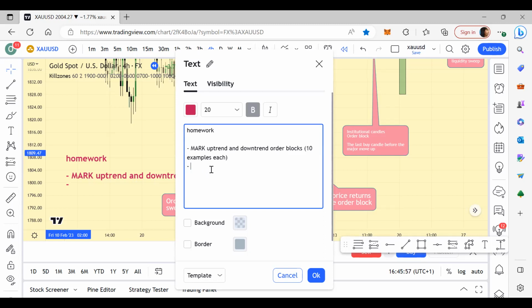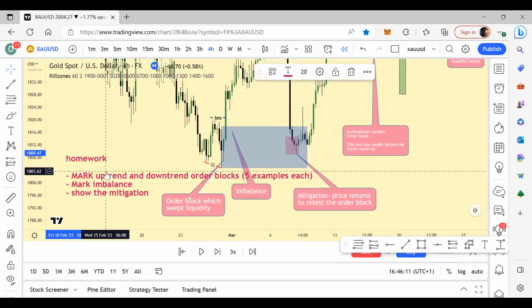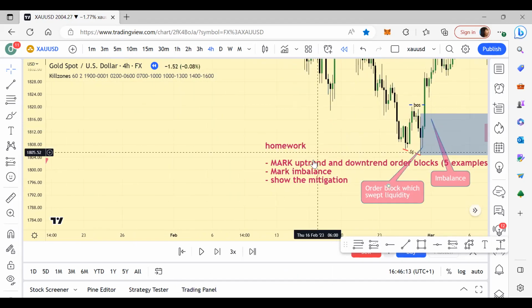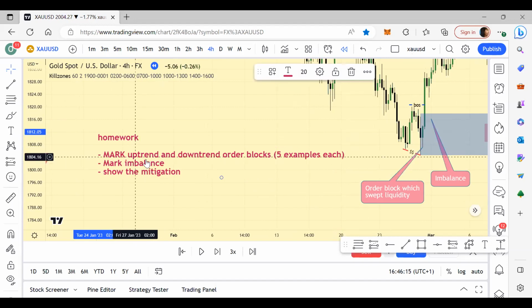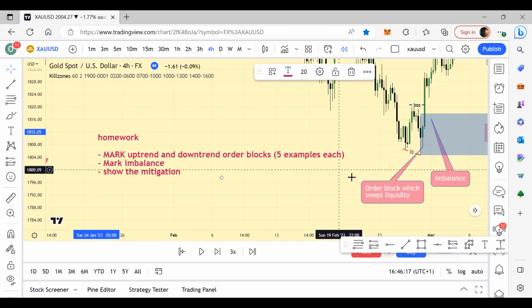This is your homework. Make it 5 examples each. Does that make sense? Mark uptrend and downtrend order blocks.